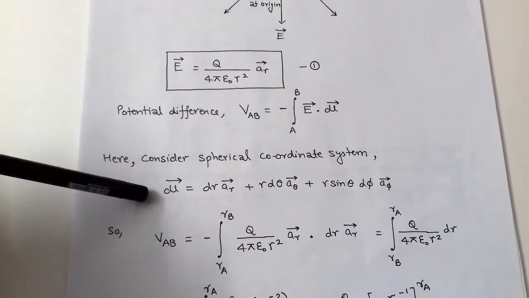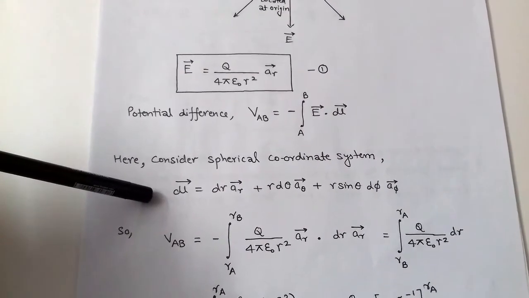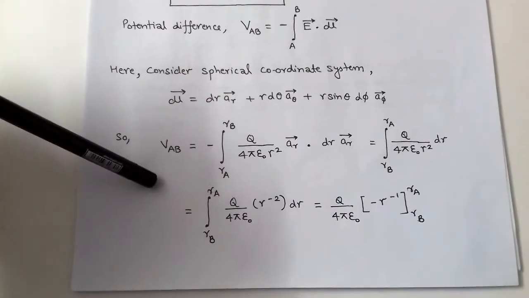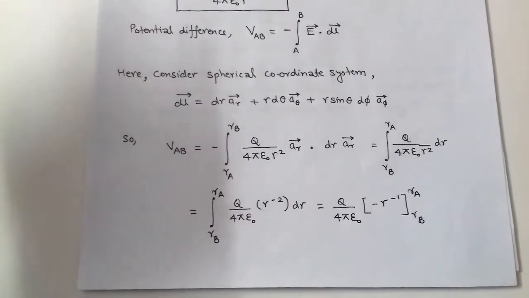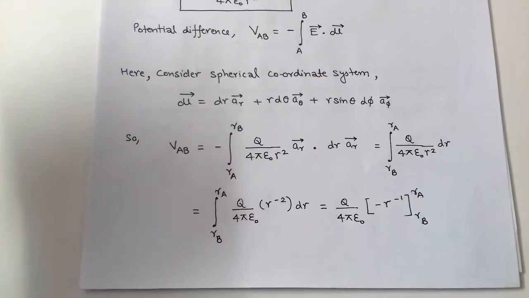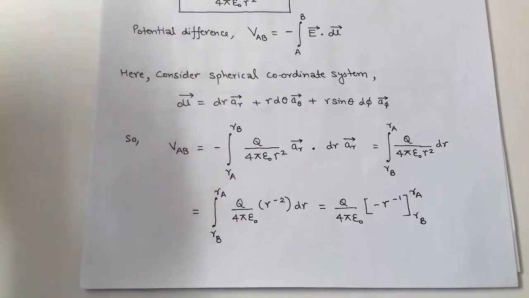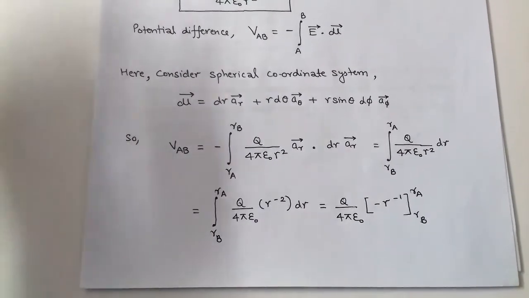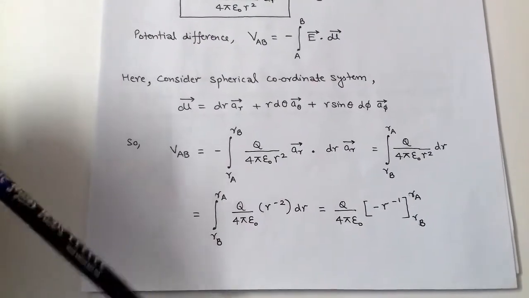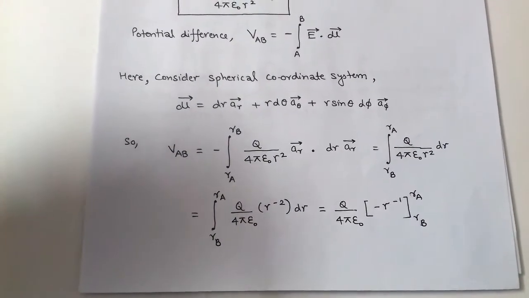Now in spherical coordinates, this is a differential length. So the dot product of equation 1 and the differential vector dl gives only the r component, because the dot product of unit vector r and unit vector r is 1, while the dot product of unit vector r with unit vector theta and unit vector r with unit vector phi is 0, because the angle between them is 90 degrees.